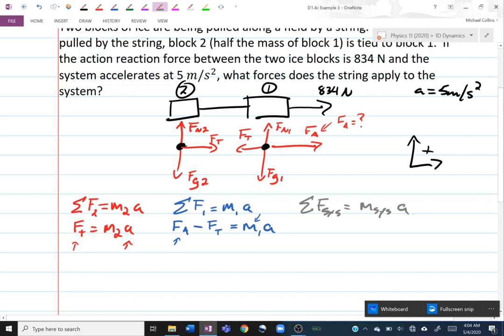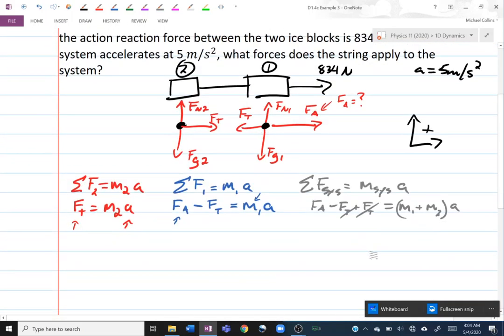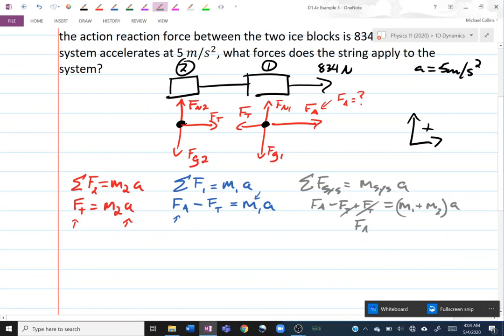If I look at this equation, I don't know what the applied force is. I know what my force of tension is, and my acceleration. I don't know what M1 is, but I can find out what M1 is because it's just 2 times M2. I'm just going to substitute 2 M2 for M1, so my force is going to be equal to 2 M2 A plus Ft.